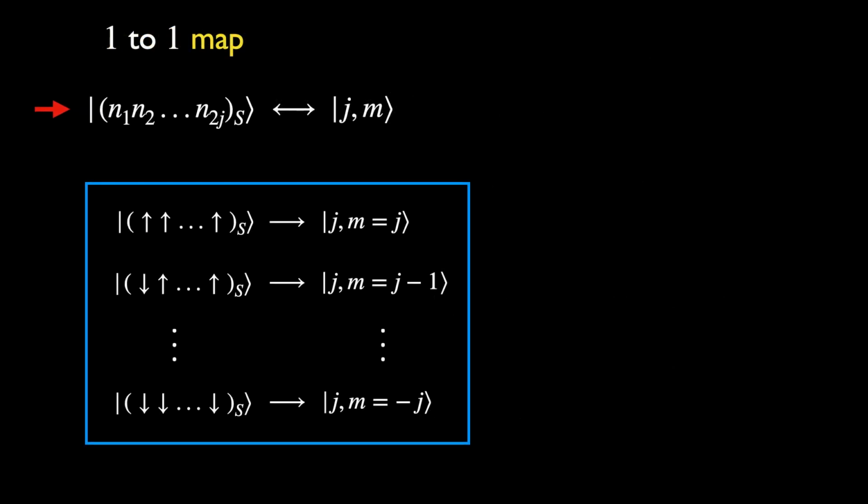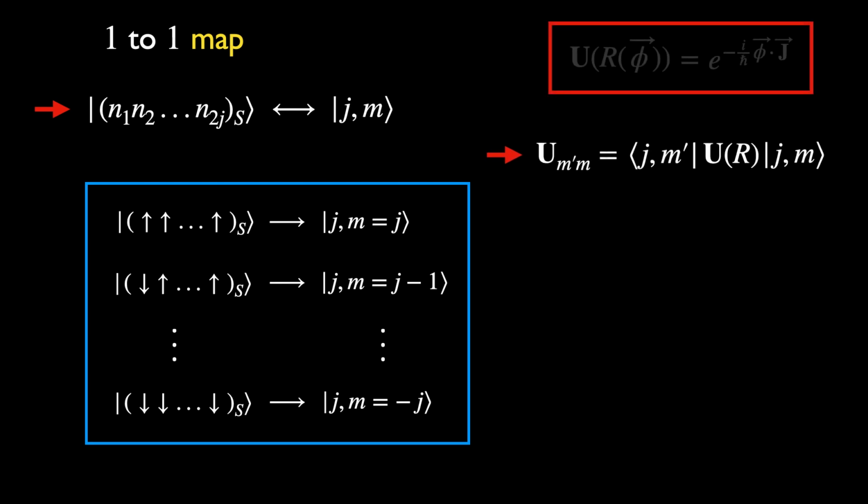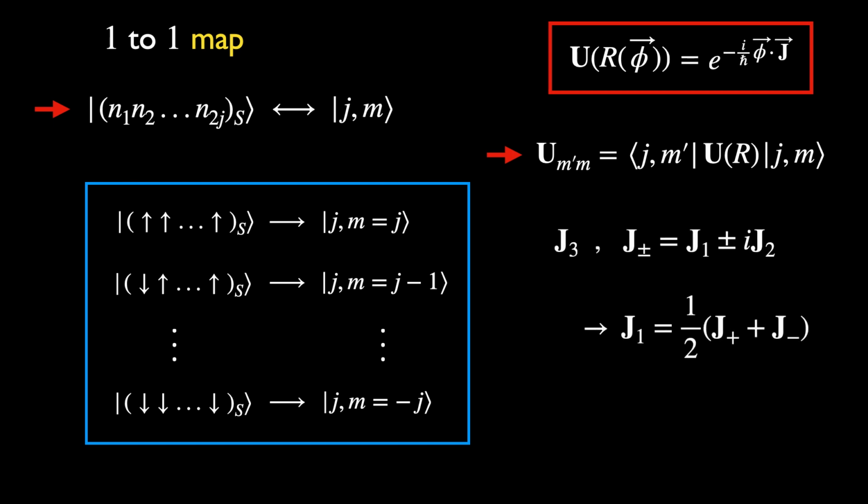This allows us to establish a one-to-one map between the symmetric multiple spin halves and the Jm states according to their J3 eigenvalues. This will also guarantee that all the rotation matrices of the two representations be equal, since all we need to know in order to calculate such matrices is how J3 acts on these states, as well as how J1 and J2 act in terms of the ladder operators.